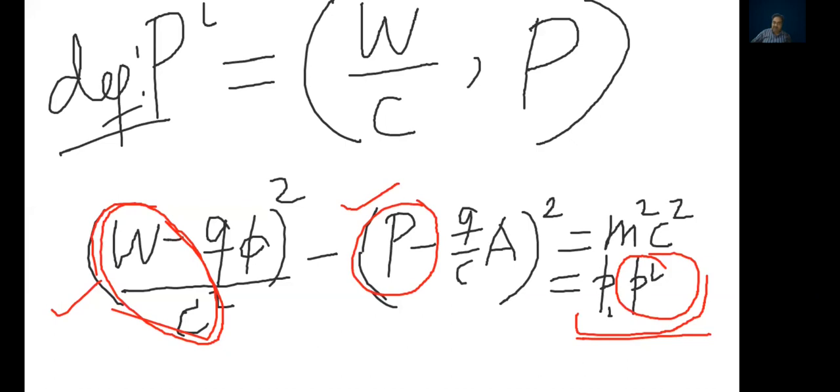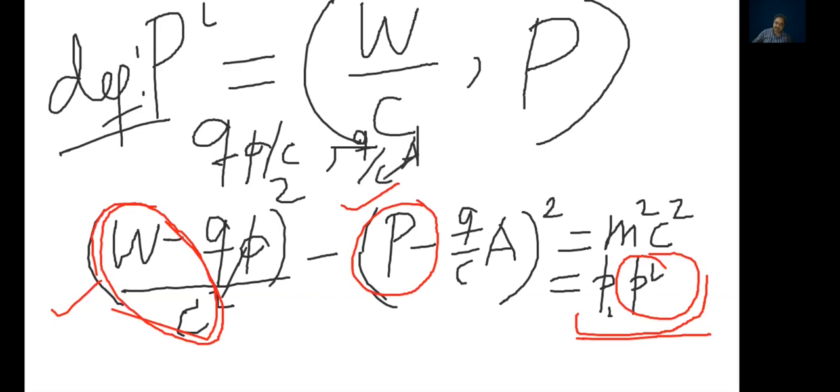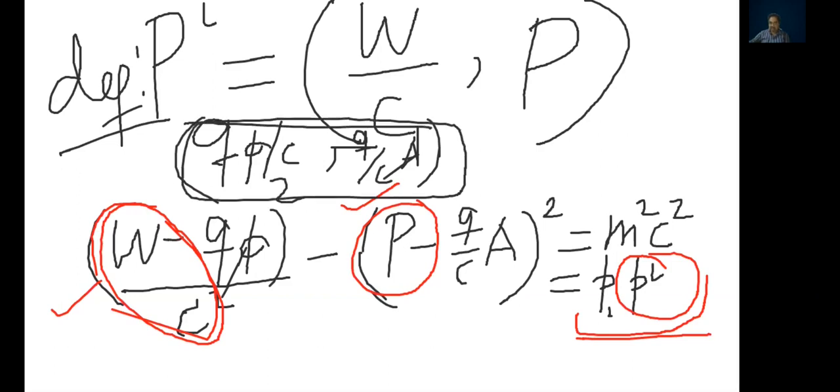And you define another 4 vector which comes as q phi by c, that is one vector, and then q by c A. Okay, there are 2 4 vectors here. Now the difference of those 2 4 vectors is giving rise to the expression on the right.